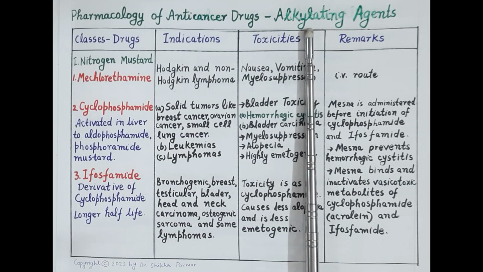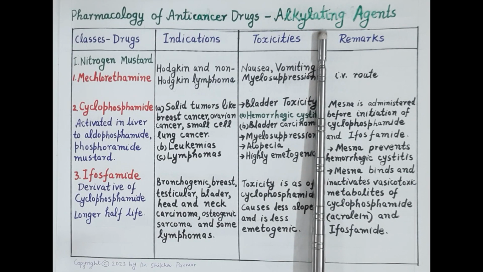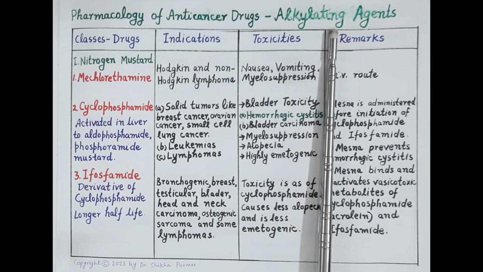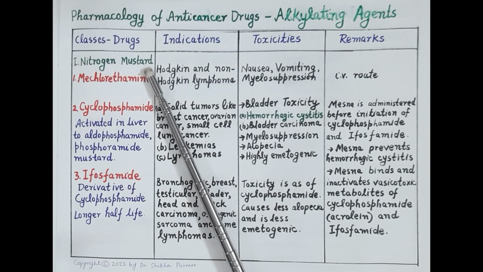Now, after discussing the mechanism of action of alkylating agents, let's study the indications and toxicities of each class of alkylating agents. Alkylating agents are classified into different classes, for example, nitrogen mustard.